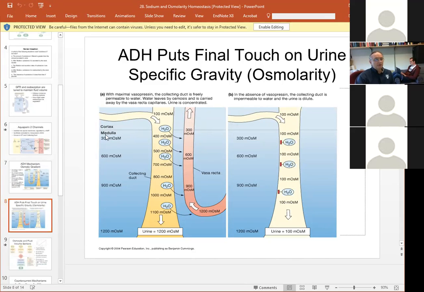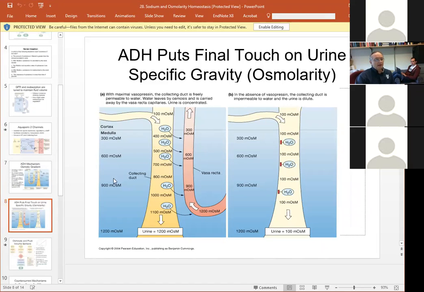There's a boundary between the cortex and the medulla that is designated by an artery that crosses over between renal papillae called the arcuate artery.